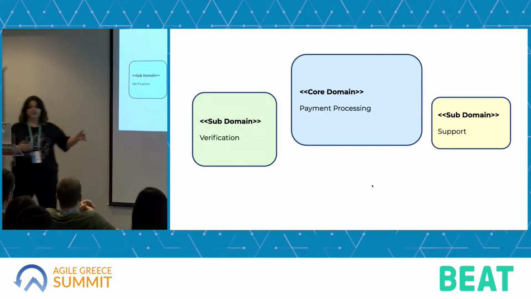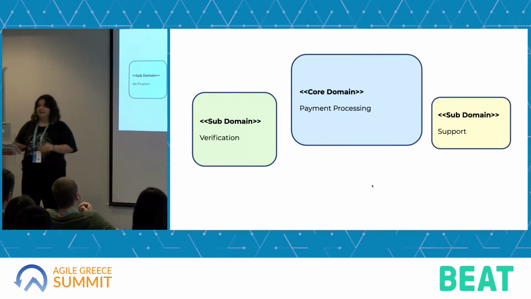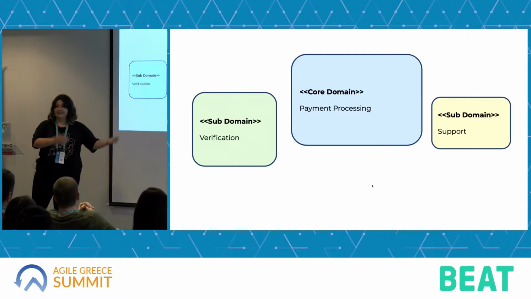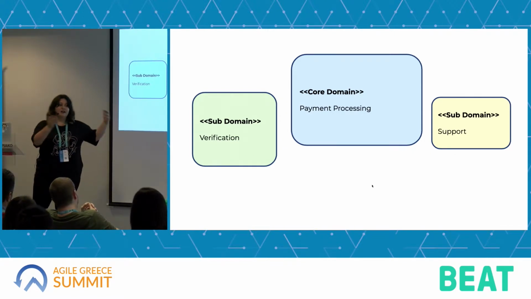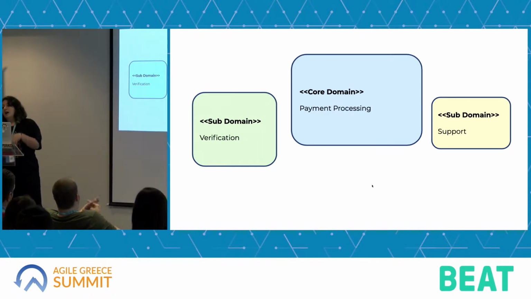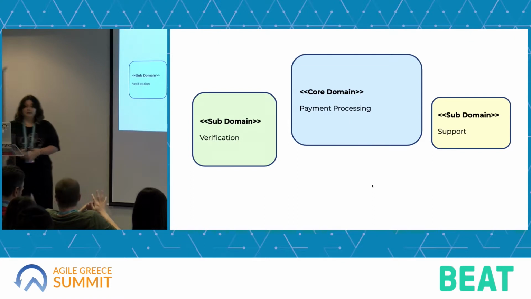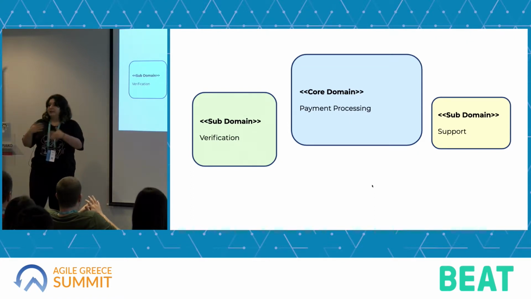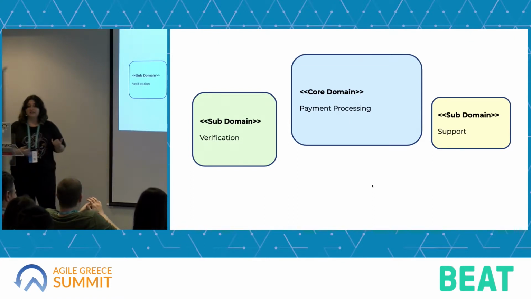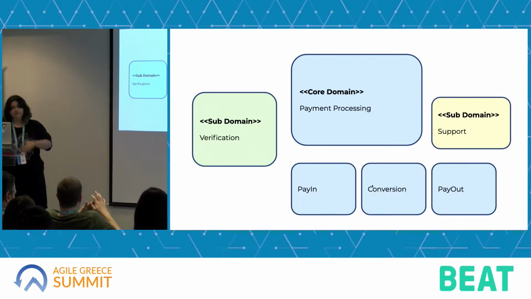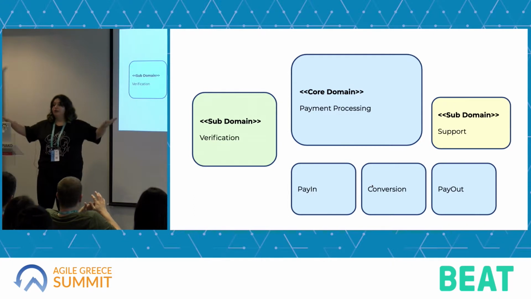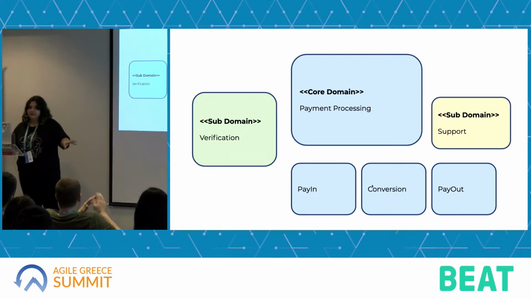For example, verification is another subdomain, making sure that a person is a legal person, making sure that we can onboard that business with reasonable risk. And another subdomain would be support, making sure that customers can call us, making sure that they can help themselves in the product. And we can divide even our core domain into multiple pieces.